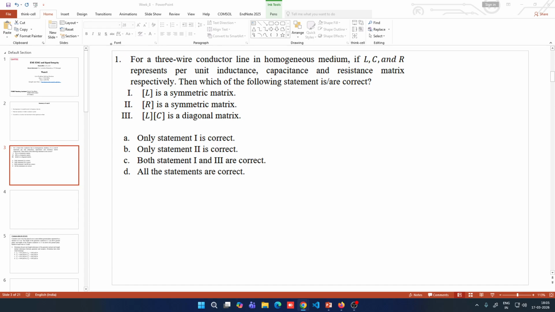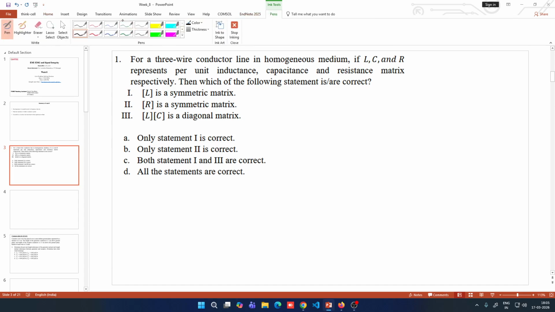Okay, now let's begin with question number 1. What we have been given is a three wire conductor line, which is a multi transmission line problem. In the textbook they refer to these as multi transmission line or multi conductor transmission line.